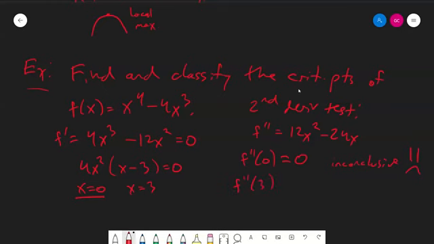If I plug in 3, we get 12 times 9, which is 108, minus 72. And I don't actually care so much what the exact value is, just that that is positive. Positive means it's concave up, and so I must be looking at a local minimum. Well, this shows you one of the disadvantages of the second derivative test. Sometimes you will get an inconclusive result.